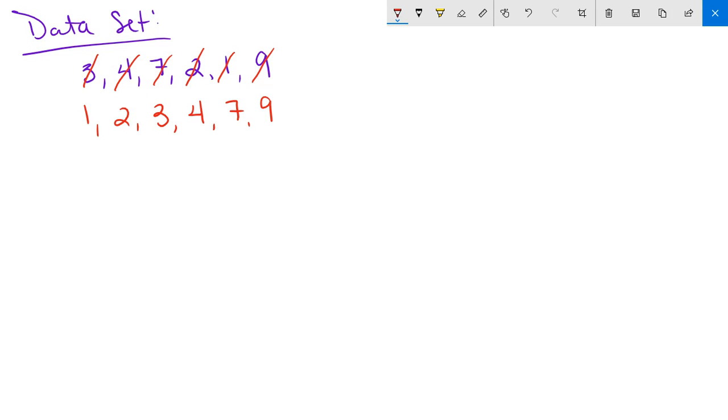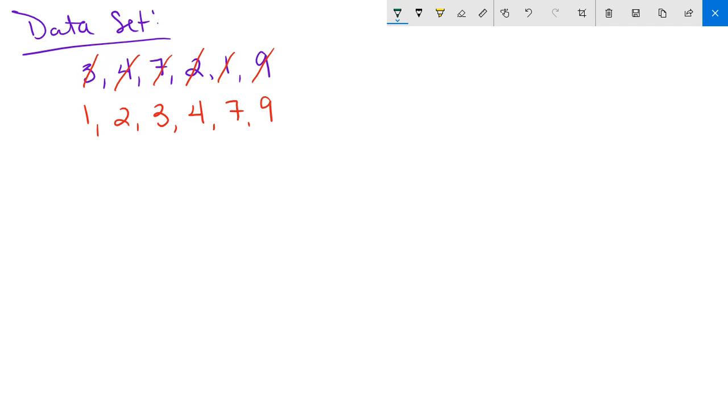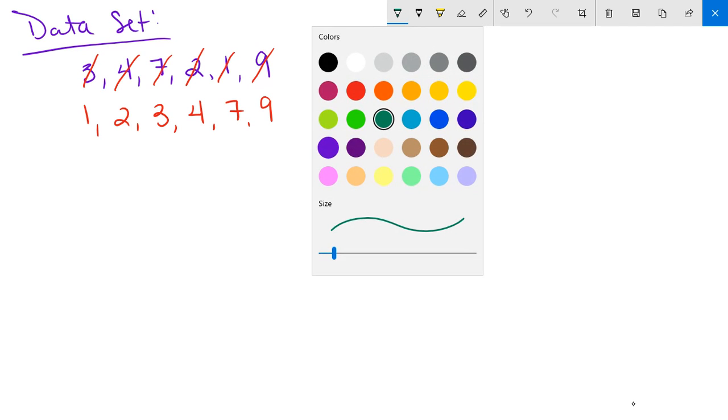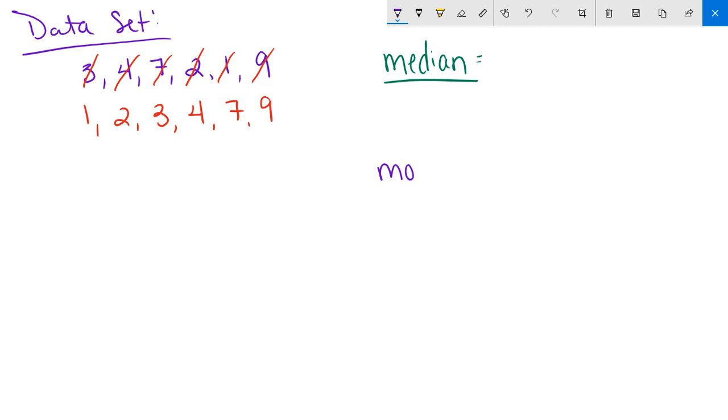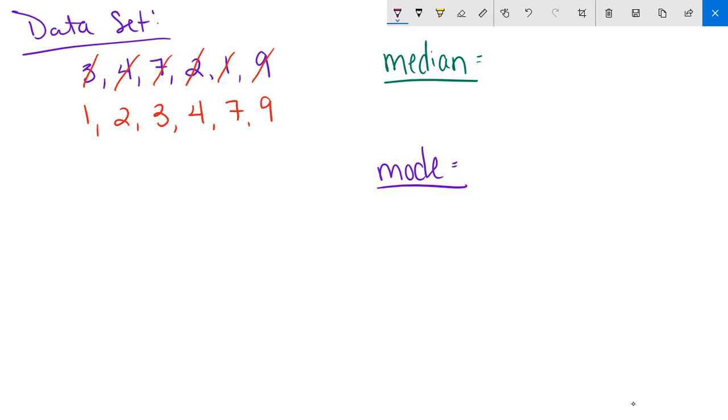median. Okay, so median is always kind of tricky when you're talking about statistics. We have all these different vocabulary words. We have median, we have mode, and we have mean.